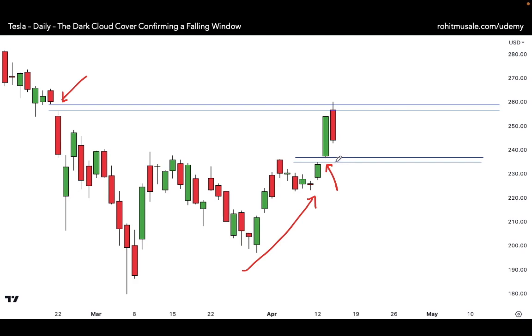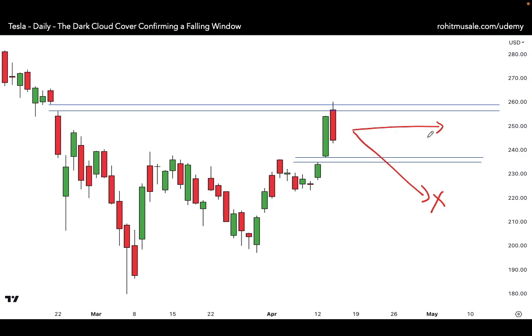In the rising window, the lower line becomes a more powerful support than the upper line. So now you are expecting the market to go either sideways or down, right? But because of this window, which will act as a support, the probability of this event happening is very less.